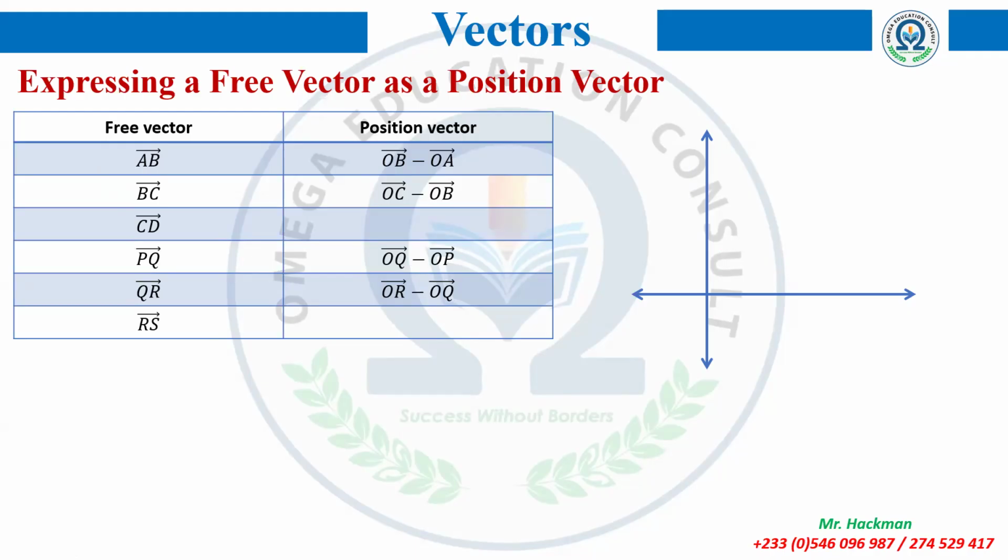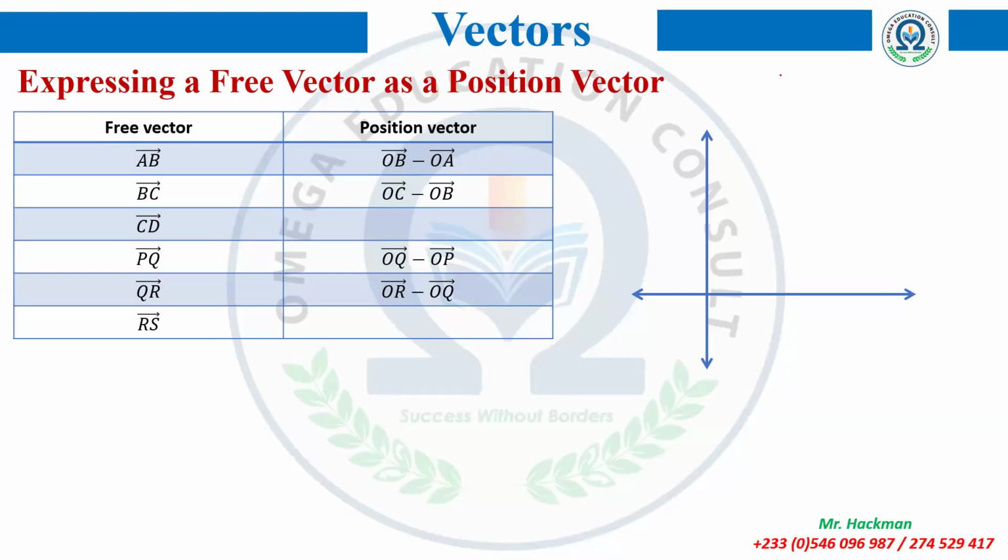Very good. I'm going to assume each of the points, A and B, are located in the first quadrant, and I've told you the reason why we usually do this. A is a point, so its coordinates will all be positive. B is also a point, its coordinates will be all positive.